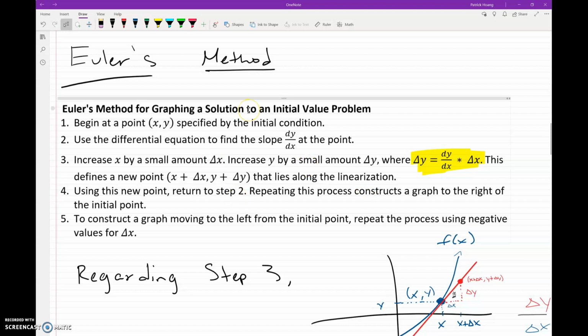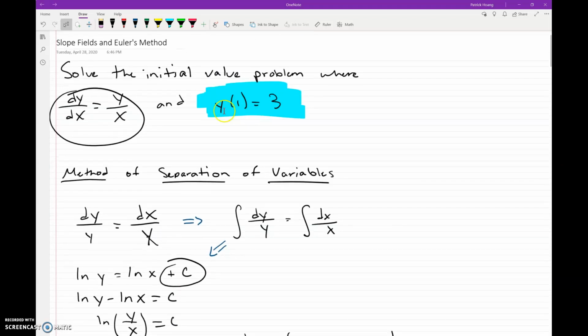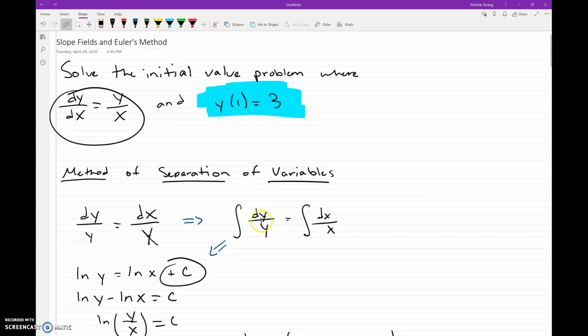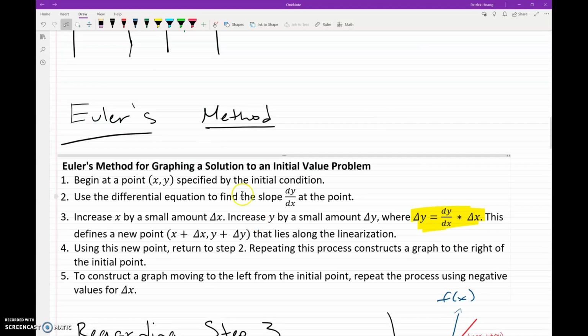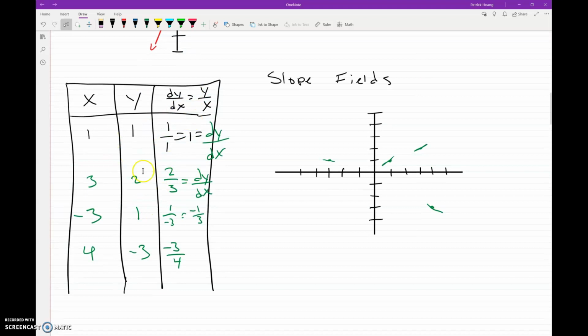So the plan is, we are going to begin at a point x comma y, which is specified by our initial condition. For example, our initial condition was 1, 3. So we would start at 1, 3. We're going to use the differential equation to find the slope, dy/dx, at a point, similar to what we did over here. We would substitute in values. In this case, we substitute in our initial value.